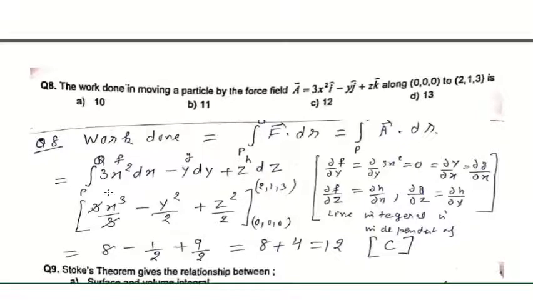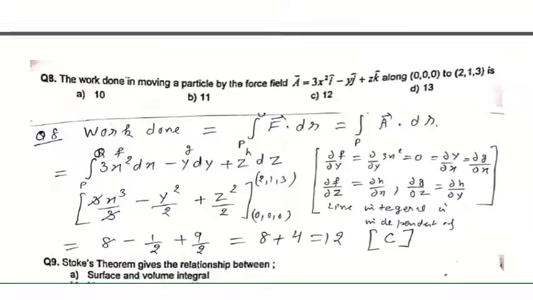That means with dx you have only terms of x, with dy only terms of y, with dz only terms of z, so the integral is independent of path. You can directly integrate: x cube by 3, y square by 2, z square by 2, where x varies from 0 to 2, y from 0 to 1, z from 0 to 3. Substitute x 2, y 1, z 3, and we get 12. This is the right answer.